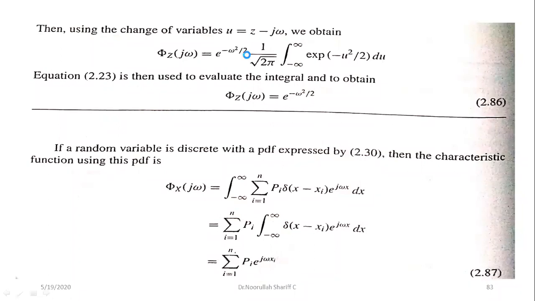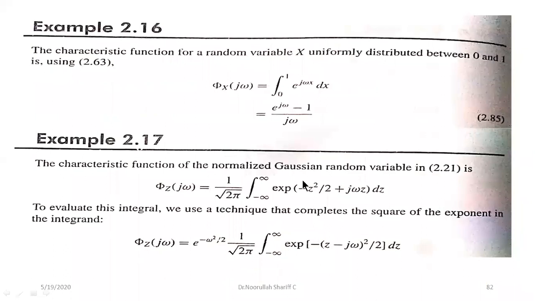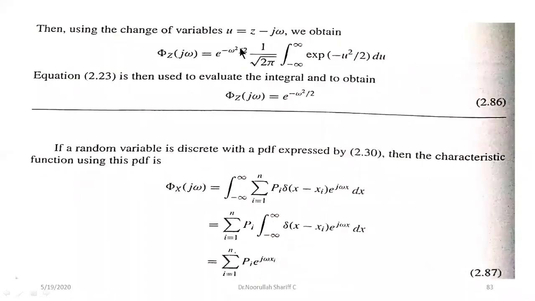So for a Gaussian random variable, if you try to solve this in a proper way, that means by taking out this term, you will have to compensate for it inside as minus omega squared by 2. That will make the whole thing a square over here, and the change of variable by writing u equal to z minus j omega will give us this, and this is equal to 1, and hence we are just left with this.